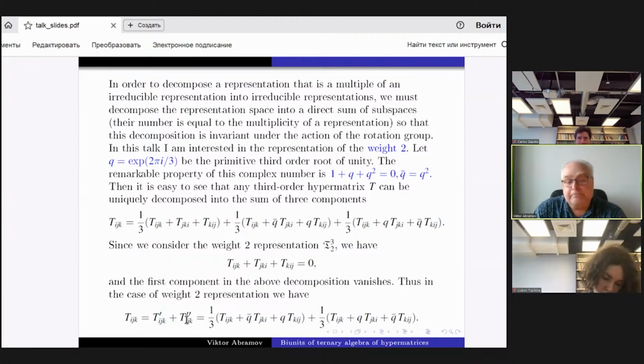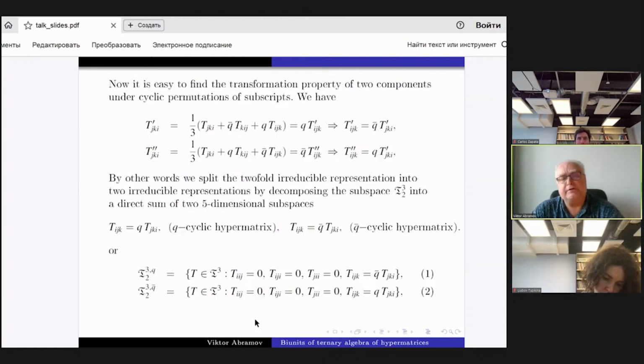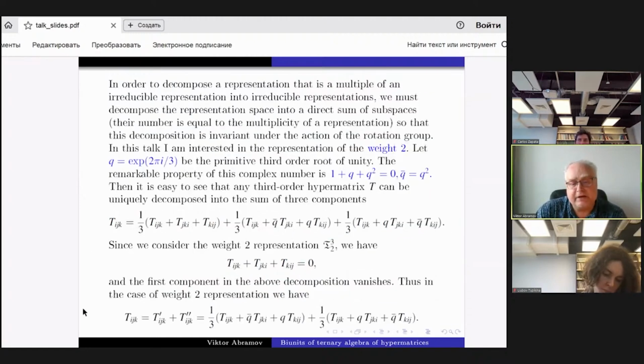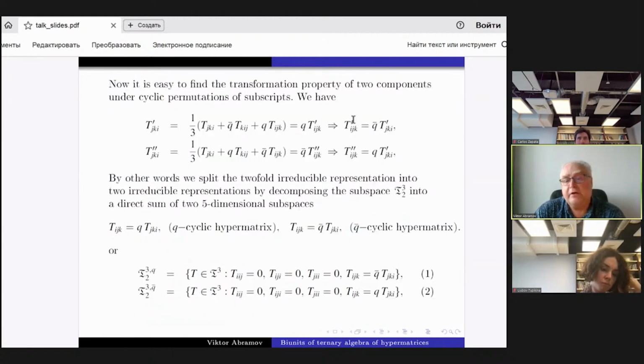But if I study the properties of these components, the property under the cyclic permutation of subscripts, if I perform a cyclic permutation of subscripts for this component, then it's easy to find that it transforms like this.